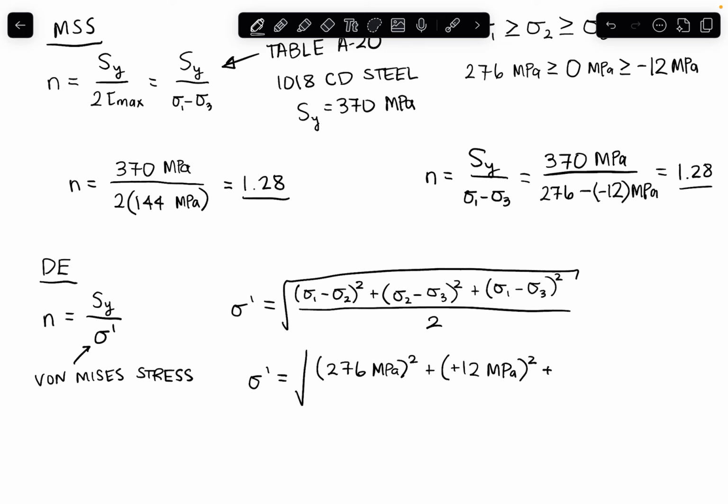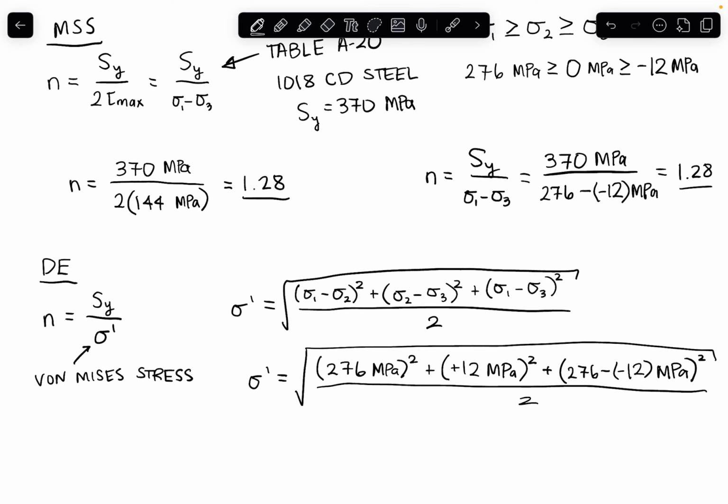It's going to be squared anyway, so it doesn't really matter. And then we get 276 minus negative 12, so that turns out to be a plus 12 megapascals squared. Okay, and again, all divided by 2 and under the square root.